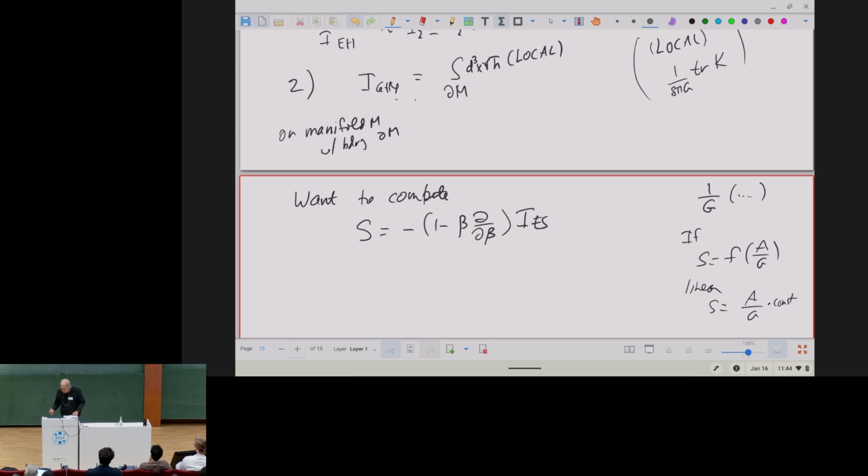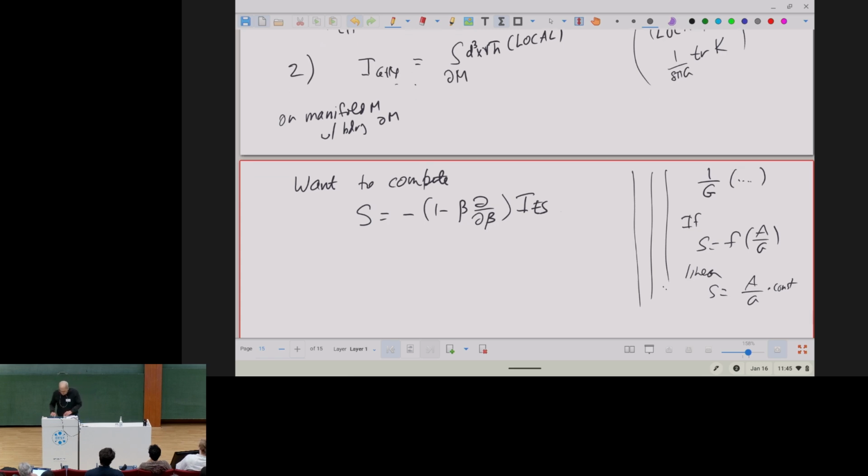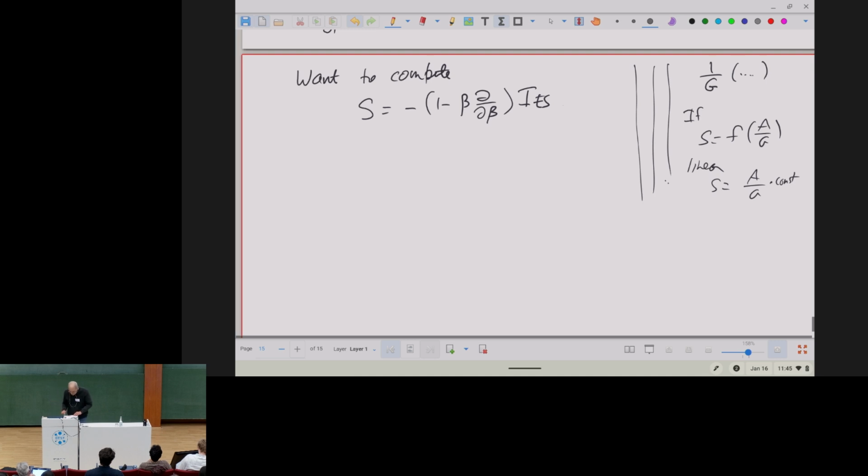But here we see it must be the area because it's going to come from the classical action, and the classical action is proportional to 1 over g, not 1 over g squared. So even without computation, we learn that if the entropy is a function of the area, it's linear in the area. Okay, how are we going to do this computation?